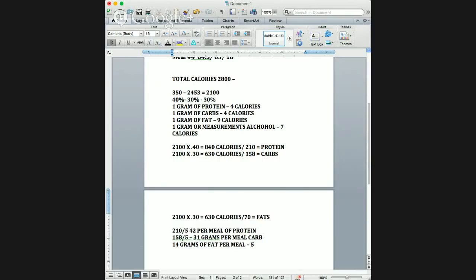Okay, so there are 2 easy adjustments you can make on a daily basis if you need to make quick and easy adjustments for cheat meals, outings, events, not hitting your numbers properly.